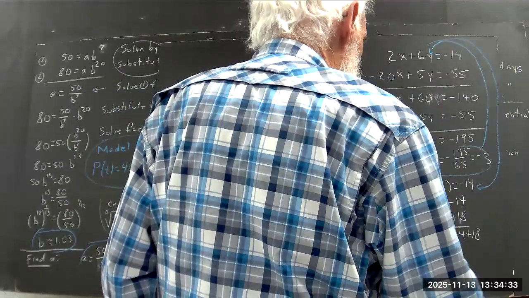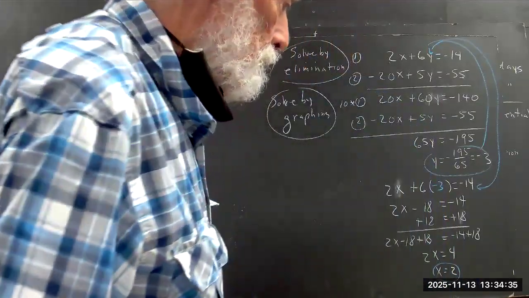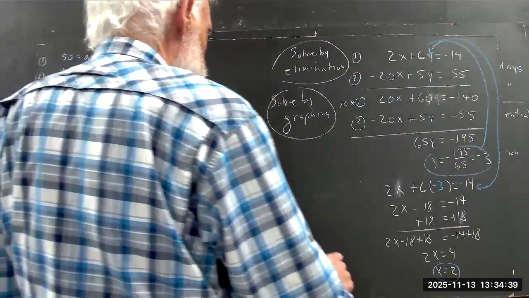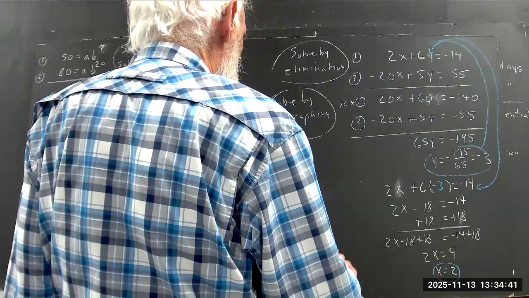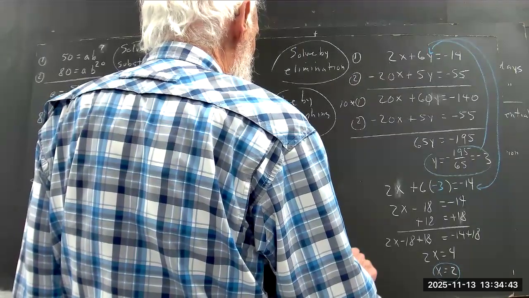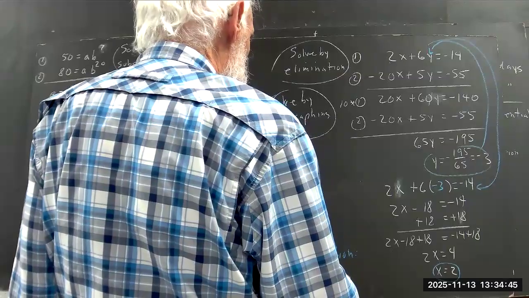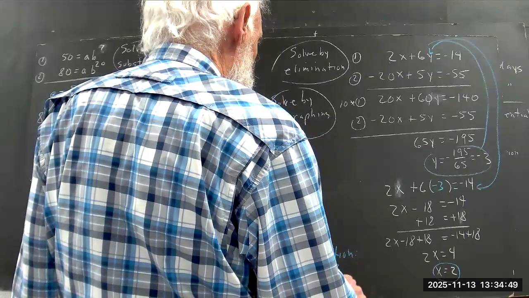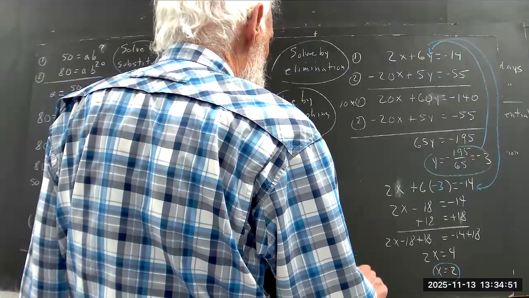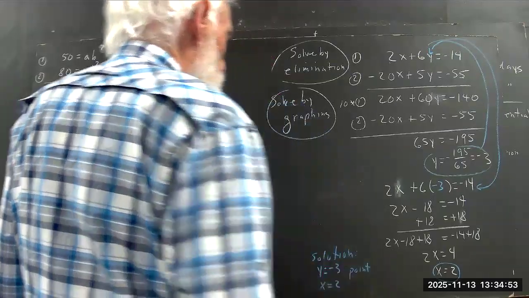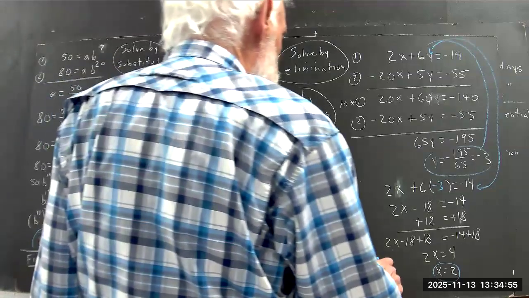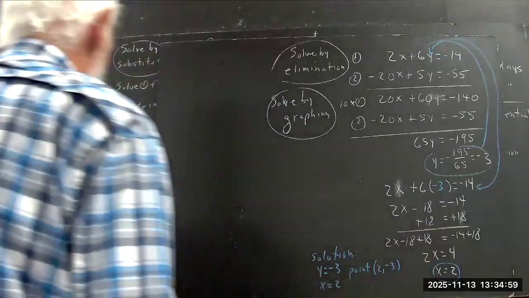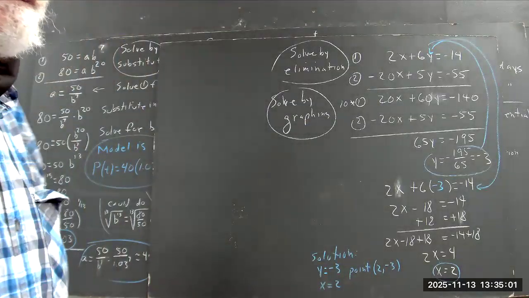And I'll put a blue circle around that. We have y equals negative 3, x equals 2. Corresponds to the point (2, negative 3).